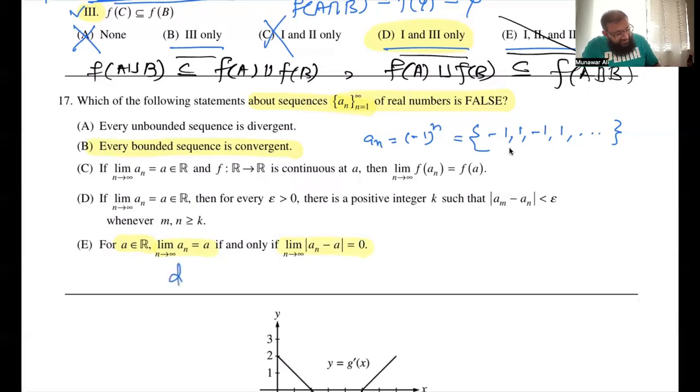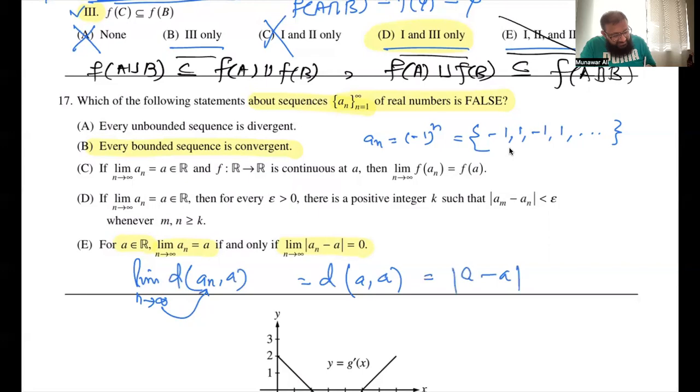You find the distance between a_n and A and you apply a limit. As we know that the distance function is continuous, you can take the limit inside, and limit a_n is A. So it is the distance between A and A, and the distance between two same numbers is always 0, or A minus A, which is 0. So this is true. These are general things which are true about real sequences.